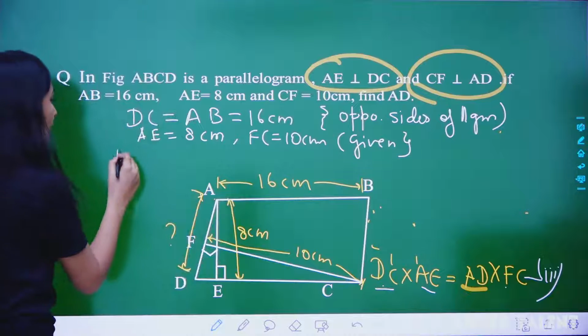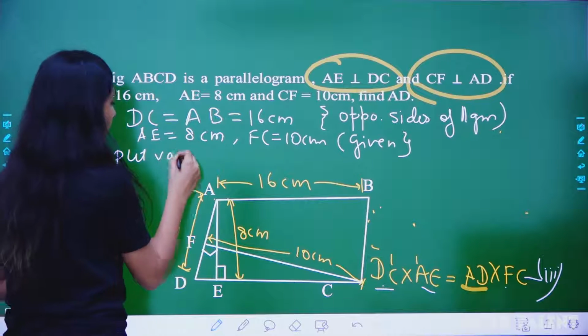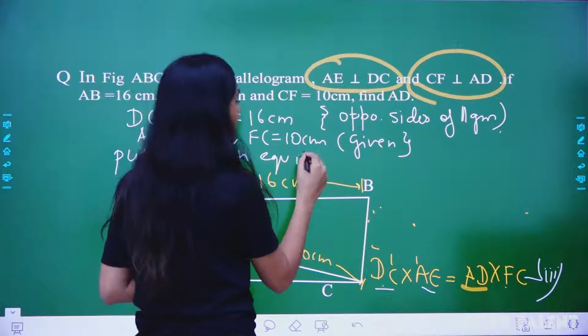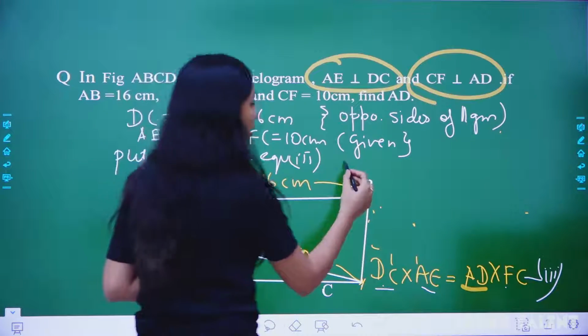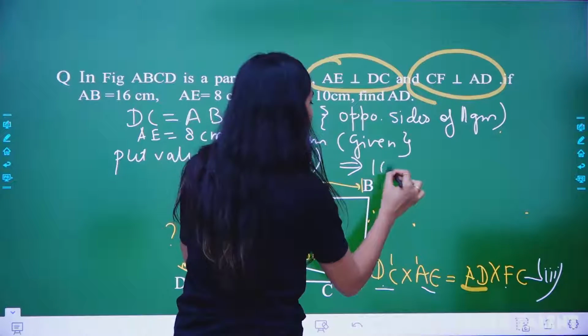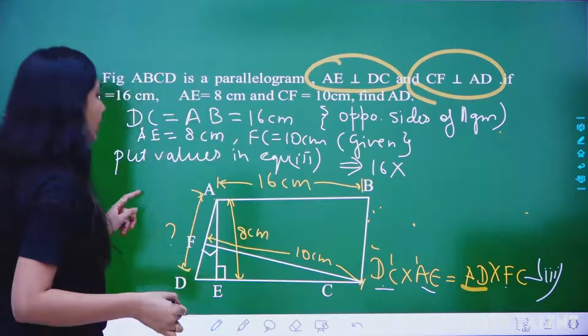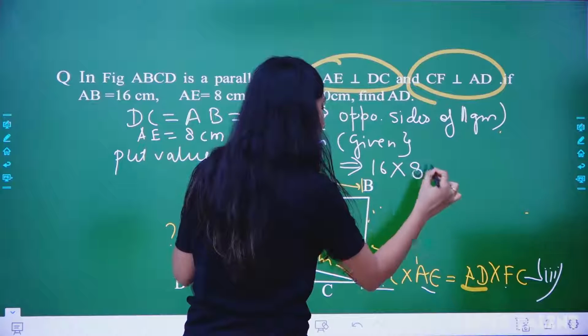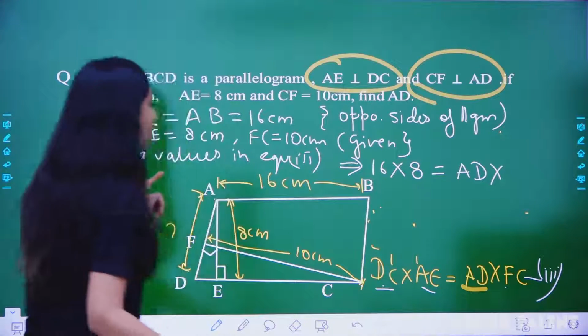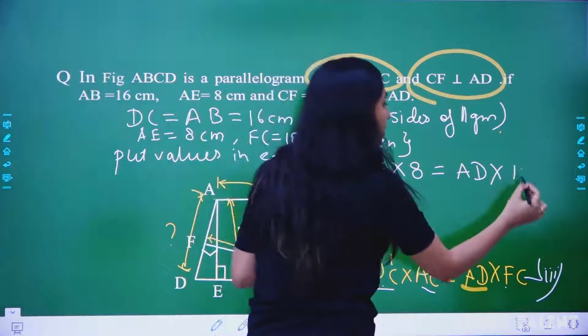Now, put the values in equation 3. What will we have? DC, which is 16 centimeters, multiplied by AE, which is 8 centimeters, is equal to AD, which we have to find out, multiplied by FC, which is given as 10 centimeters.